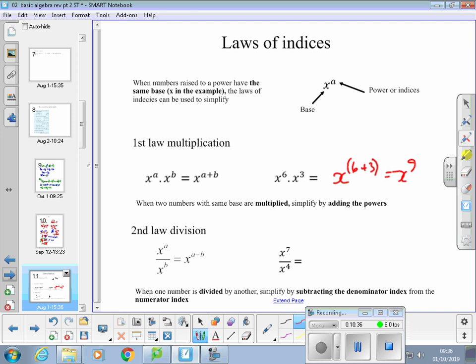Second law, that of division. So if we've got x to the a divided by x to the b, we can write that as x to the power of a minus b. So in this example, we can write this as x to the 7 minus 4, which is x to the 3.